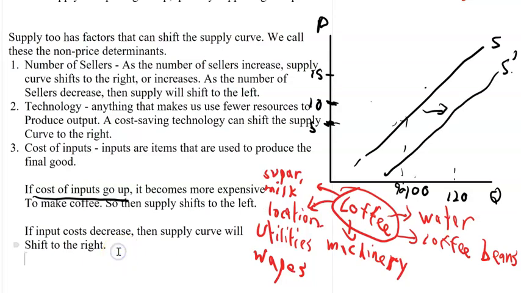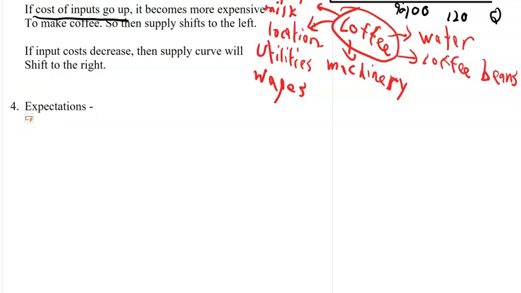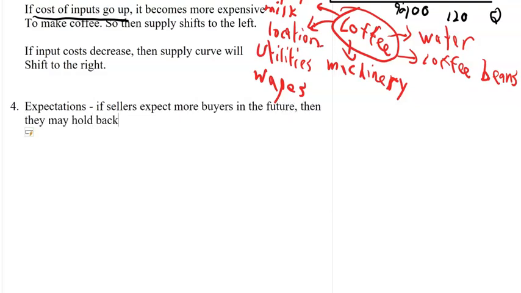Finally, we have expectations. Let's say sellers expect more buyers in the future. Then they may hold back on their product now, and so supply will shift to the left.